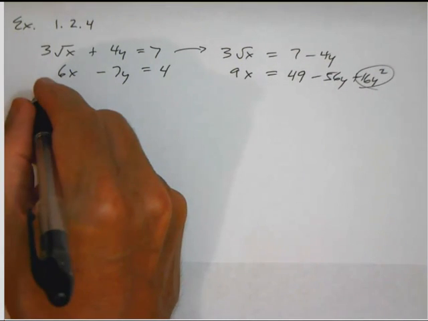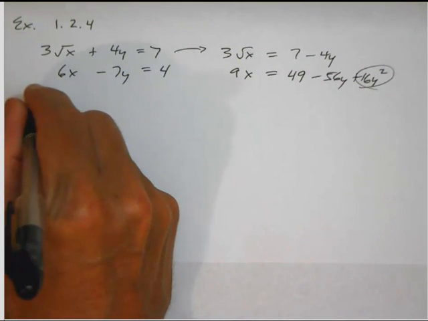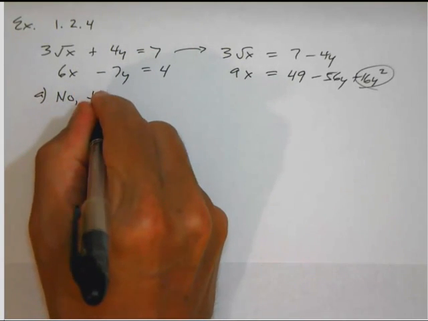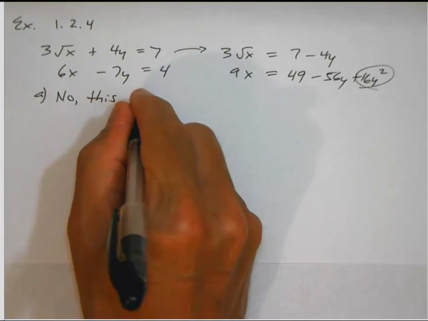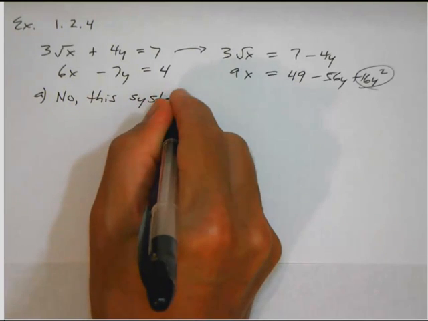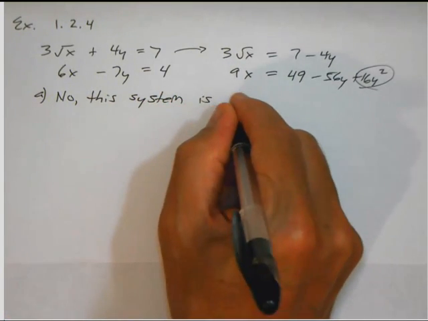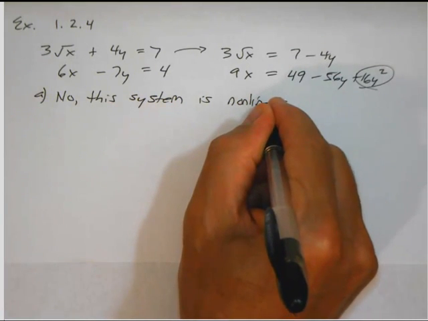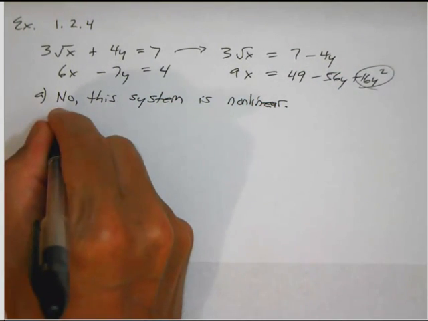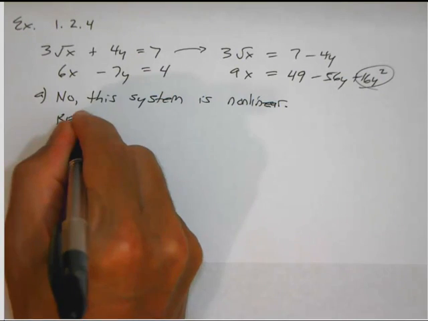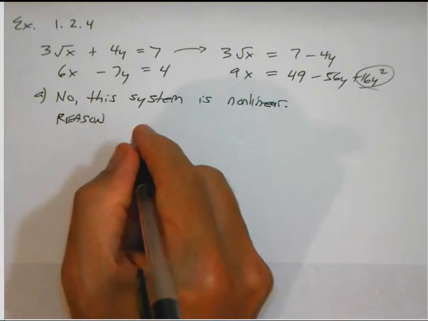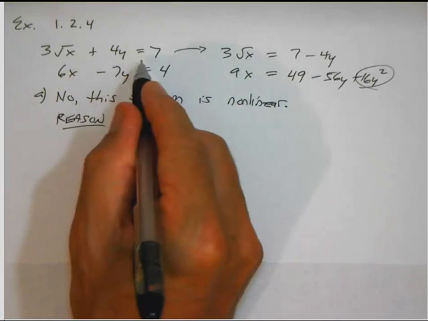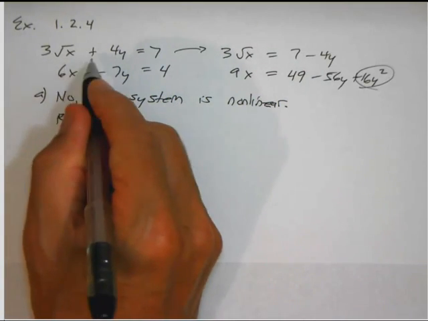So let's record this and provide a reason. So A, no. This system is nonlinear. And how about that reason? Well, most fundamentally, it comes back to this first equation and this 3 square root of x term here.